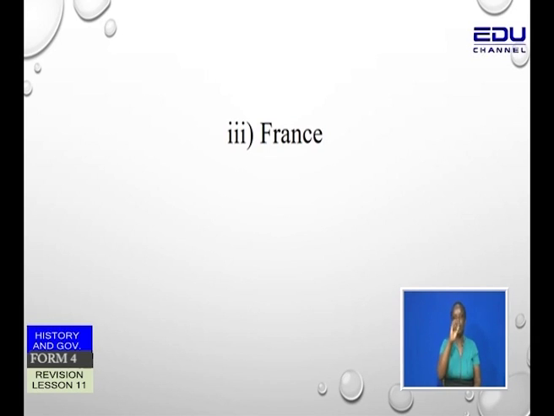So those are the three countries that formed the Triple Entente. And remember that in 1894, France signed an agreement with Russia, and then the same France signed an agreement with Britain in 1904, and lastly we have Britain and Russia signing an agreement in 1907.